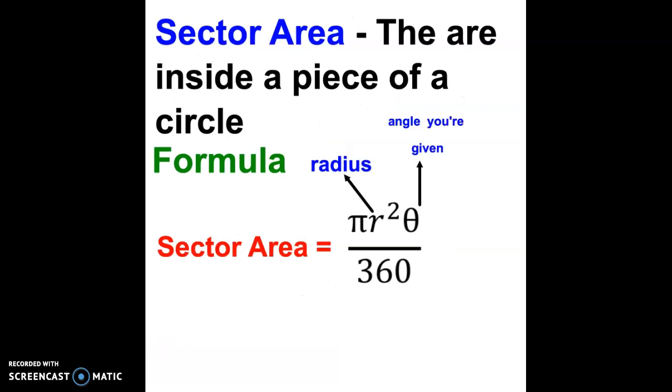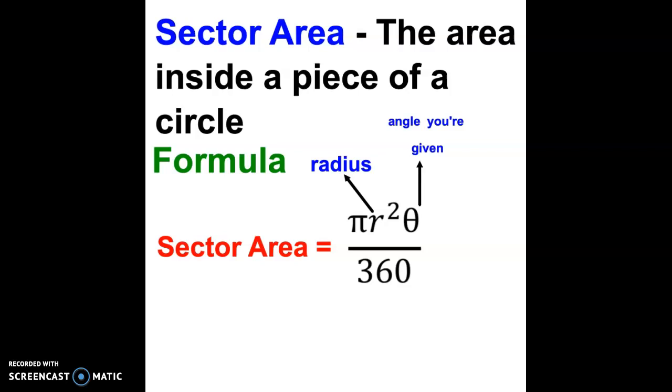Now we're going to shift into talking about sector area. So sector area is the area inside a piece of the circle. So remember how we were talking about a pizza and we said that each slice of pizza is a sector of that whole circle? So this would be like finding the area of one slice of pizza if you have a circular pizza cut into those slices.